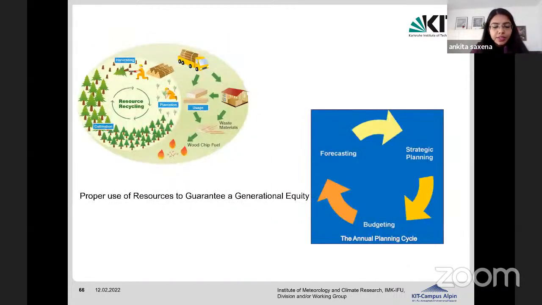And generational equity can also be taken up in the form of scenarios by considering economic factors like GDP, Gini, and PPP, purchasing power parity.